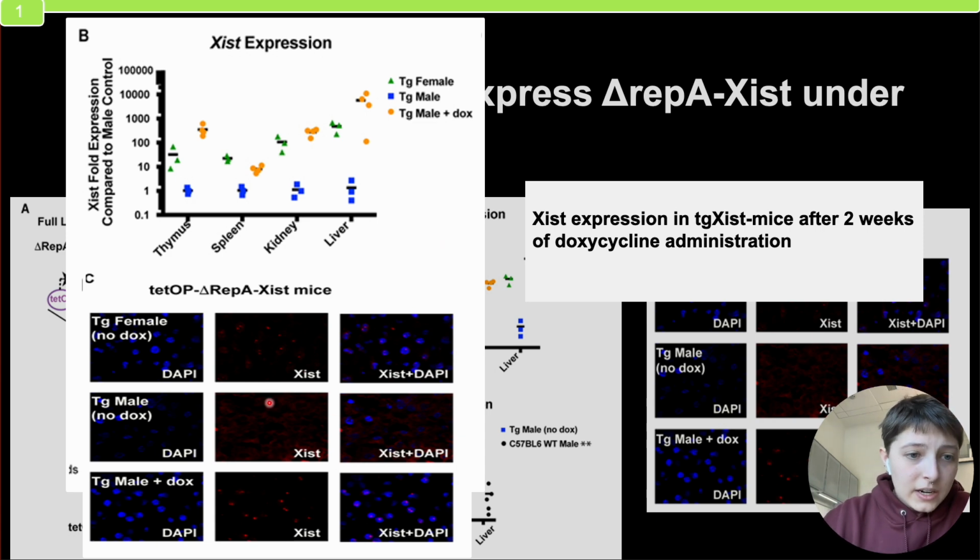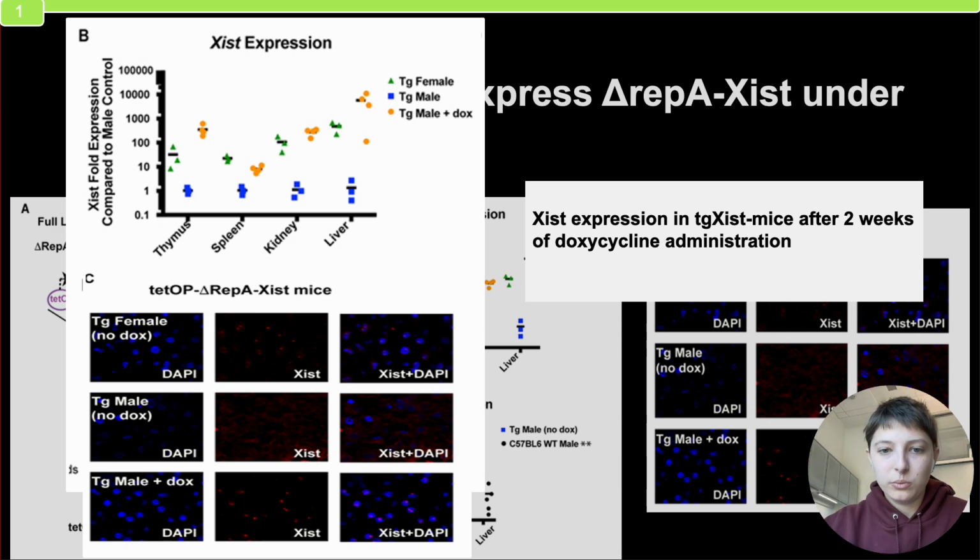And here it's pretty hard to see, but it's showing that we can see Xist with a marker. So instead of just measuring with, I think this was a qPCR, they also looked at FISH, or fluorescent in situ hybridization. They were basically saying that this fluorescence of Xist in females was pretty similar to the expression of Xist in mutant males when you add dox.